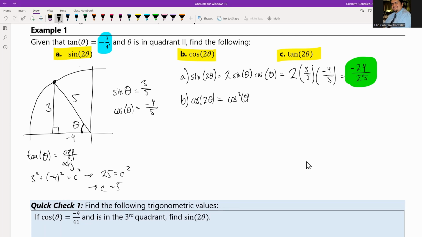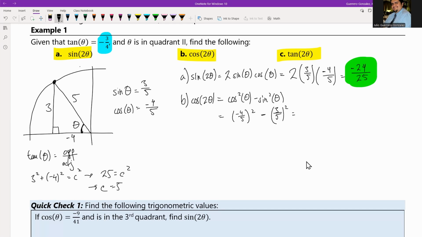Cosine squared theta minus sine squared theta. Okay, looking at this stuff, it's going to be negative 4 over 5 squared minus 3 over 5 squared.